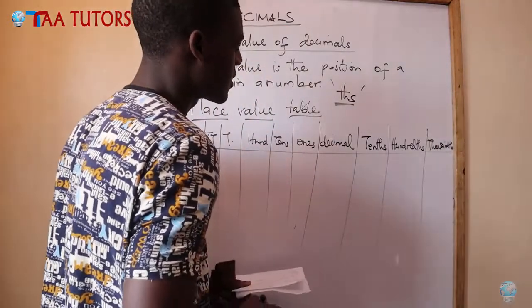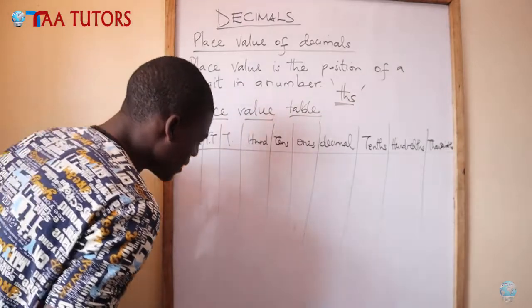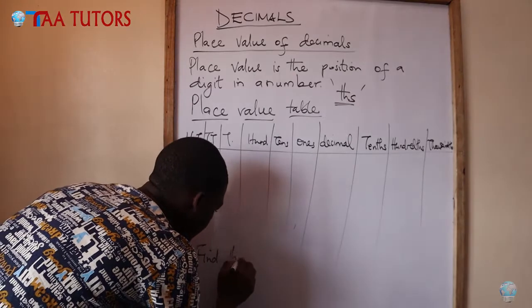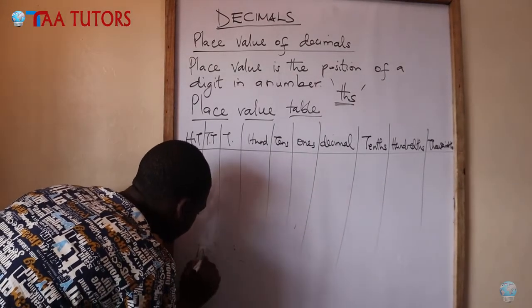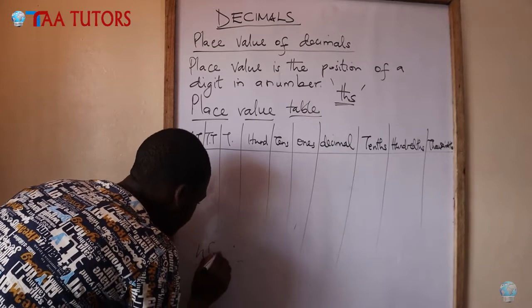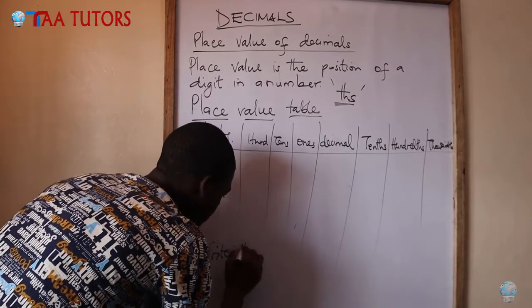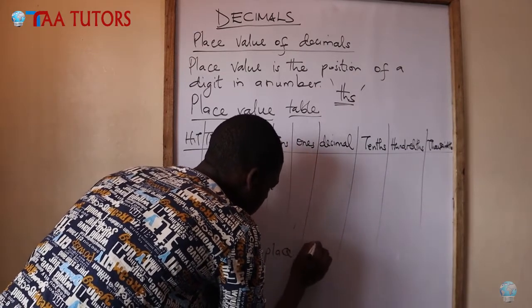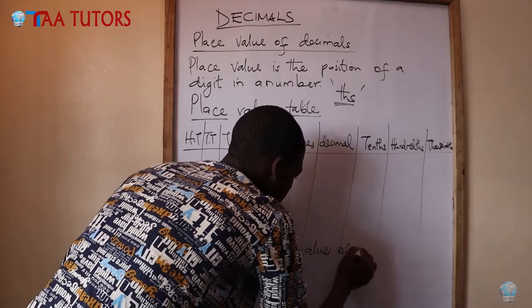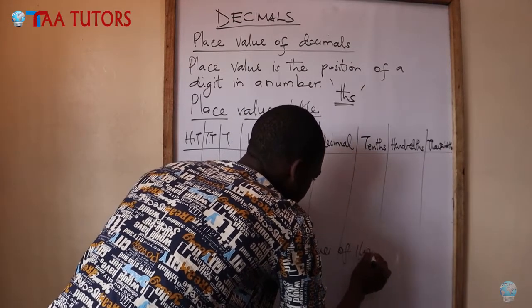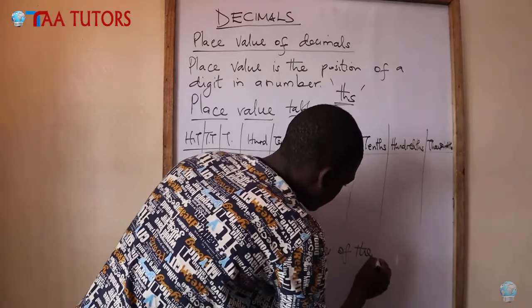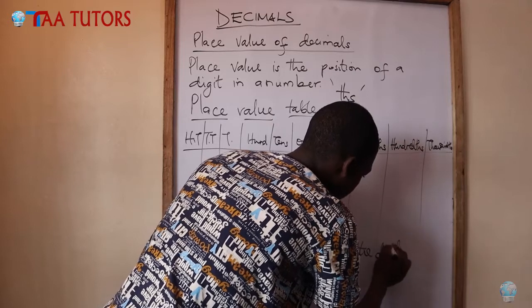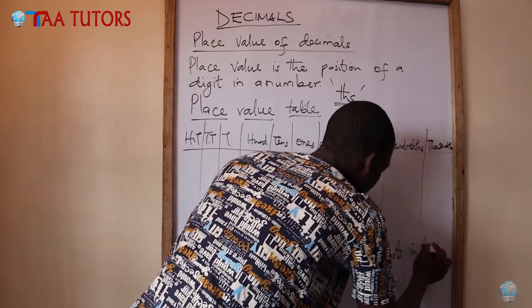So if I may give examples of some values here: write the place values of the digits in the numbers below.